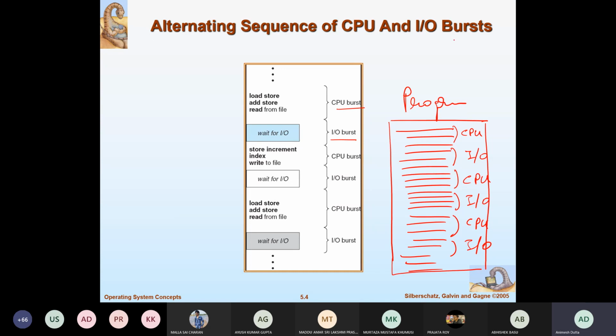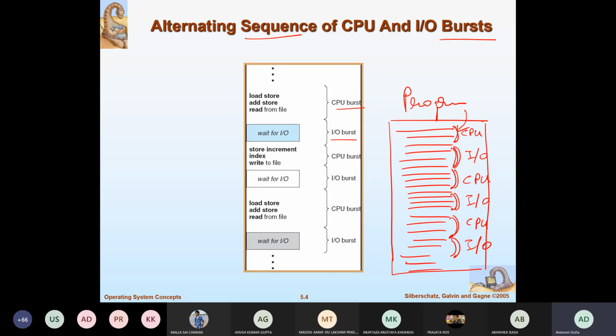This is called a burst. So it is a combination of an alternating sequence of CPU burst and IO burst. When a process is in the CPU burst, it will use the CPU cycles.